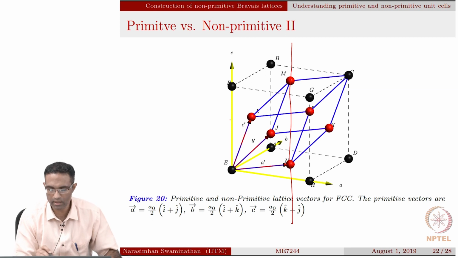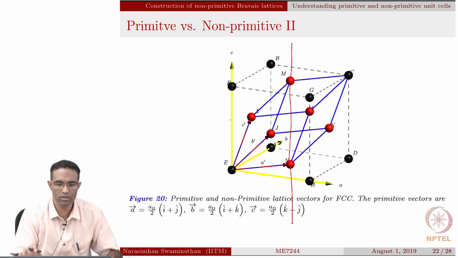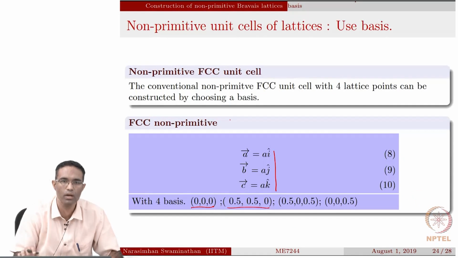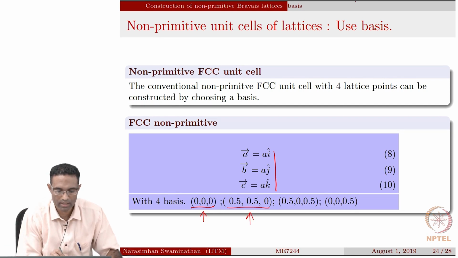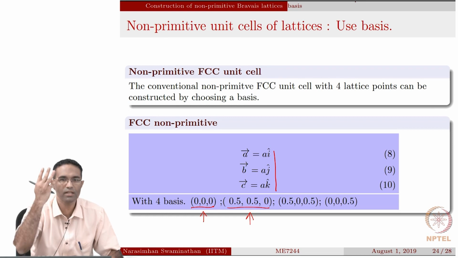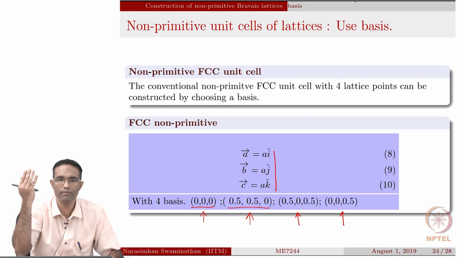We saw that when we had a j and a k, and if we wanted to construct the crystal structure, the unit cell turned out to be non-primitive. You had more than one lattice point in the unit cell. However, if we want to use those non-primitive lattice vectors, we have to choose something called basis. Basically, there are 4 lattice points per unit cell in the non-primitive FCC structure.